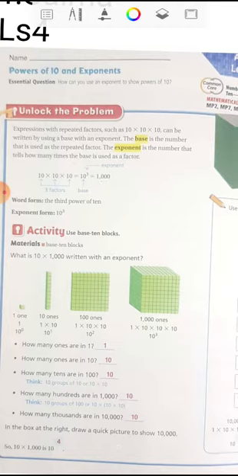You can write it in exponent form by writing the base 10, then you will write the repeated factor, which is the number of tens, 1 2 3. So I will put the exponent 3 above the 10, right? And the word form for this number will be the third power of 10, and the exponent form is 10 power 3, okay?